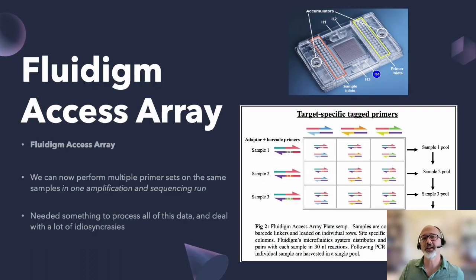We also developed in-house here at the Carver Biotech Center this Fluidigm access array, which allows you to amplify multiple different amplicons for every sample. So you can have in the rows here your samples with unique barcodes for each of the samples, along with Illumina adapters. These are paired with target-specific tag primers. And so you have this multiplex reaction where you can have X number of samples times X number of primer pairs.